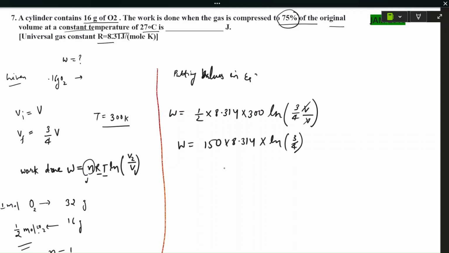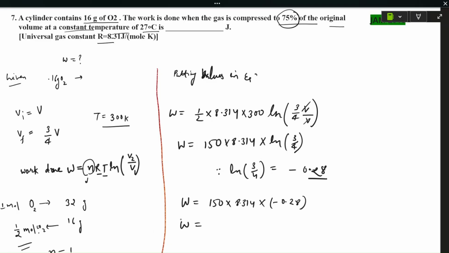3/4. Since we know ln 3/4 is equal to minus 0.28, the net work done is equal to 150 into 8.314 into minus 0.28.